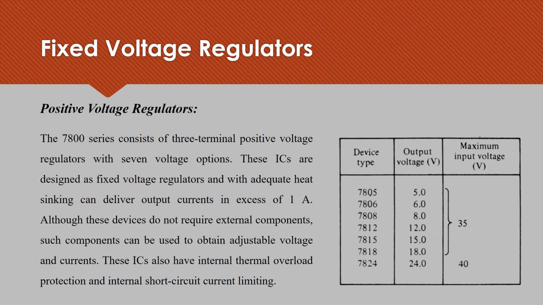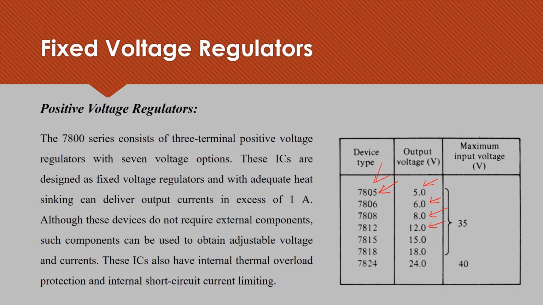First of all, we will talk of fixed voltage regulators, and in that, positive voltage regulators. The 78XX series is a series of positive voltage regulators. The device types are 7805, 7806, 7808, 7812, 7815, 7818 and 7824, and they have output voltages of 5 volt, 6 volt, 8 volt, 12 volt, 15, 18 and 24 volt, given by the last two digits.